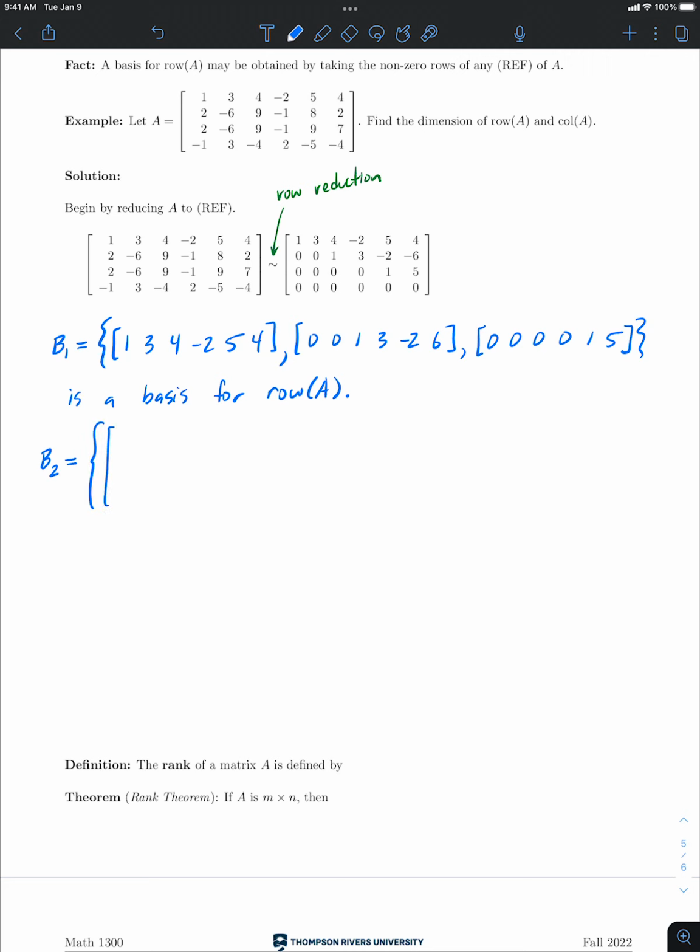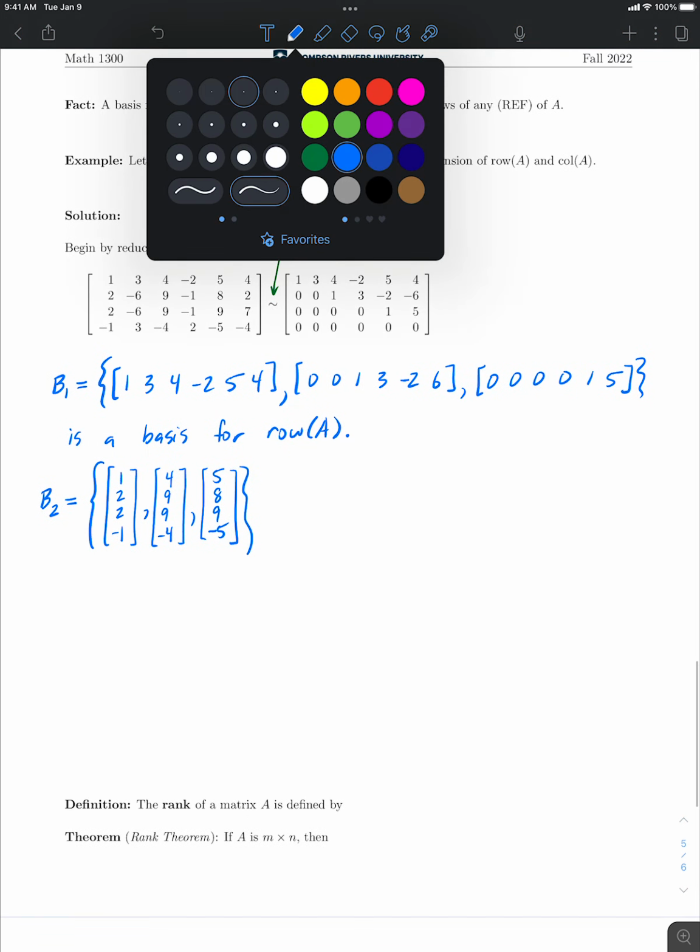So we want the first column of A, the third column of A, 4, 9, 9, -4, and then the fifth column of A, 5, 8, 9, -5.